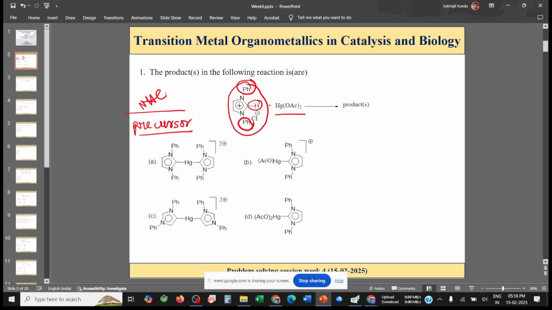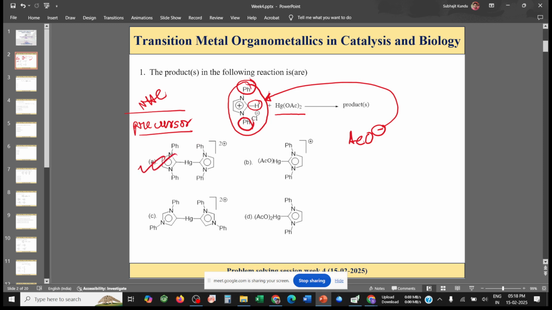So here the acetate ion, that is AcO minus, will act as a base to abstract this imidazole CH proton and then form the subsequent carbene. So this will be formed as a carbene, and the correct answer for this question will be this A. Option A will be the correct answer.